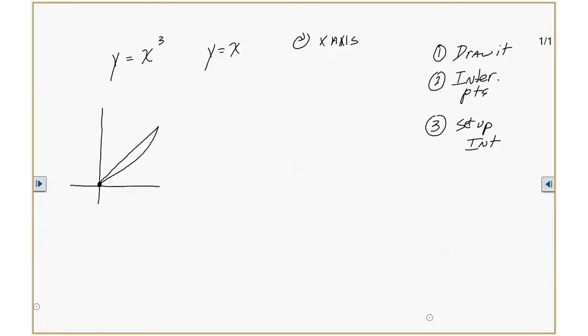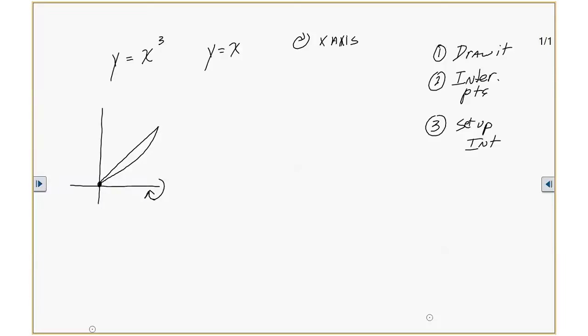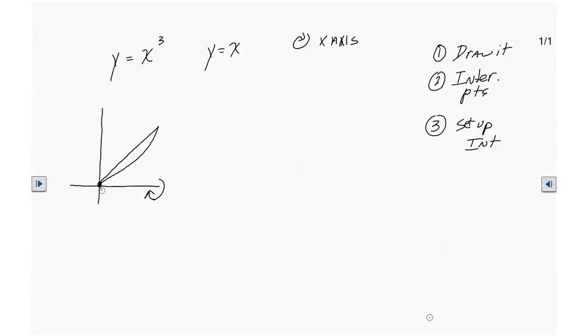Okay, now of course, they could go down here, but most of the time when you're in the first quadrant, you're going to be going with a first quadrant parameter, and they'll tell you in the directions if you're going to go from 0 to 1 or whatever the case may be. In this case, they just say y is equal to x cubed, y is equal to x, and it's revolved around the x-axis. So that means you're going to have some kind of, I'm just drawing this for your visual.